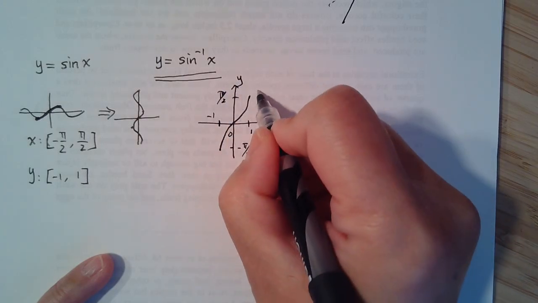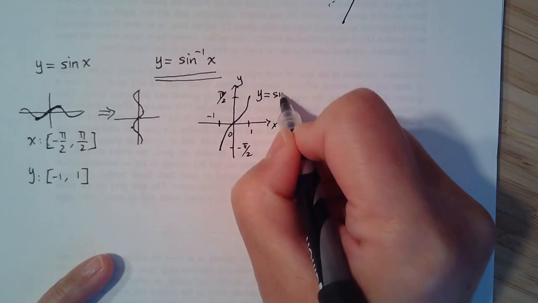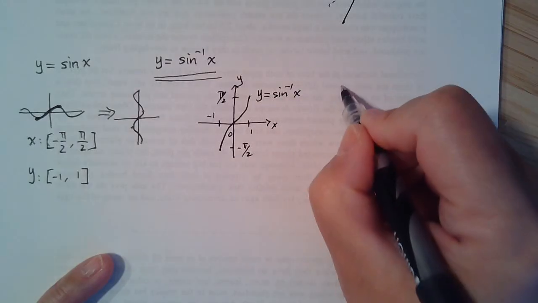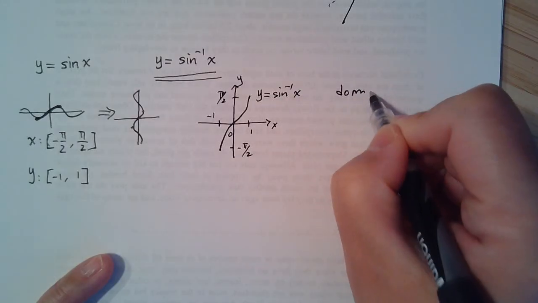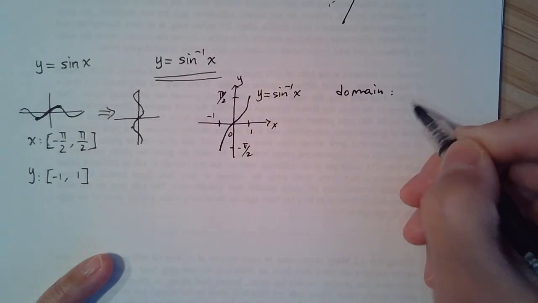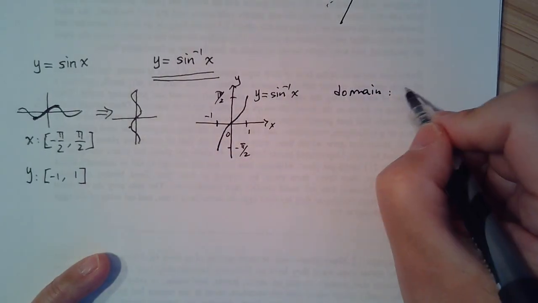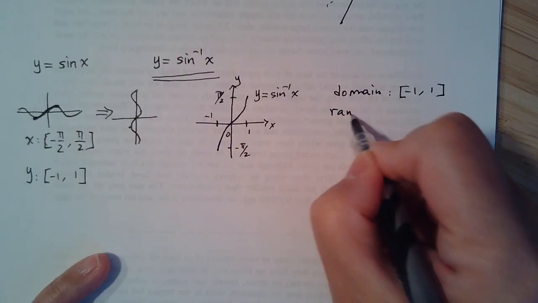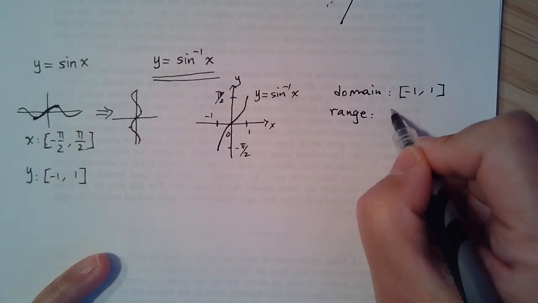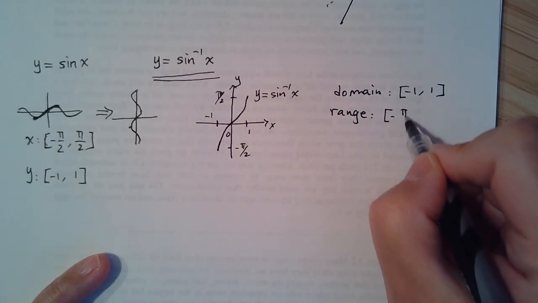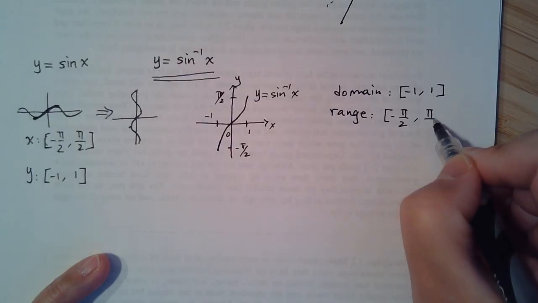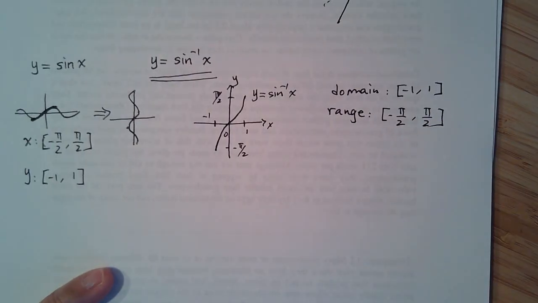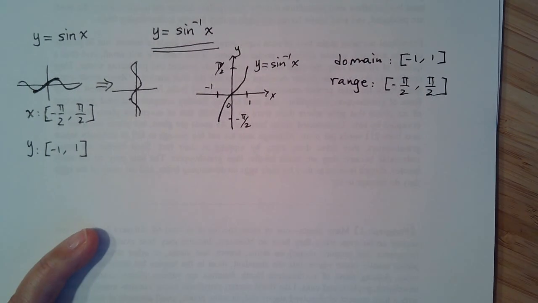So this is the graph of y equals sine inverse x. Now, what is the domain? It's very important. The domain is from -1 to +1. And what about the range? The range is from -pi/2 to +pi/2.